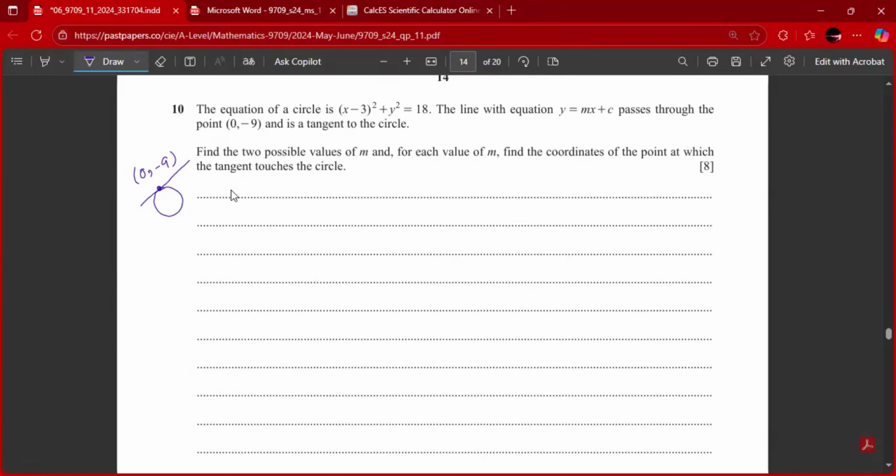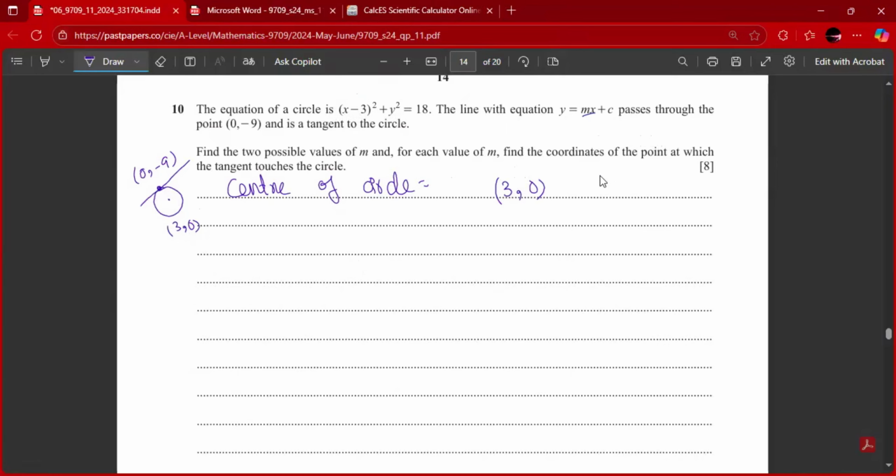What is the center of the circle? Well, if I look at the equation, the center of the circle is 3, comma 0. Because it's negative, so negative means it's positive. This is just mathematics, guys. Try to remember. This is 3, comma 0. We need to find the value of m for each value.